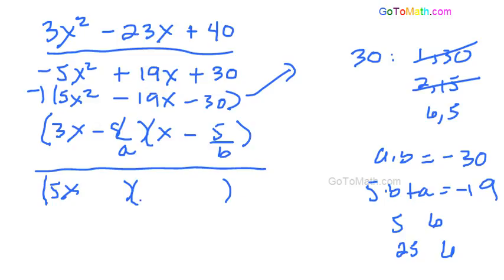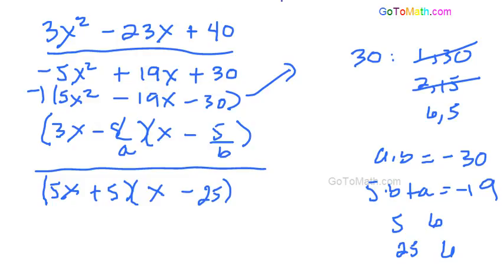Okay, so B is going to be negative 25, and why did I write a 6 here? I don't know. Wait a minute. Oh, it's 5 and 6, yeah. So this has got to be positive 5.